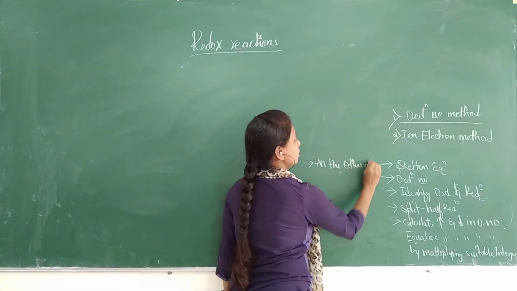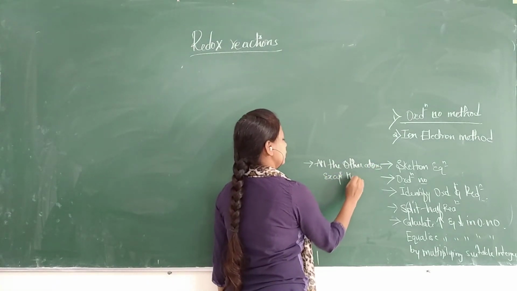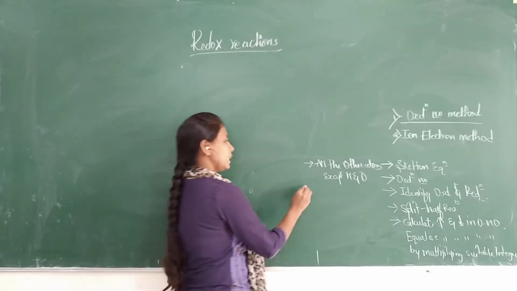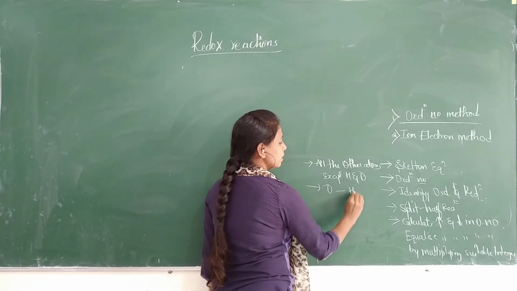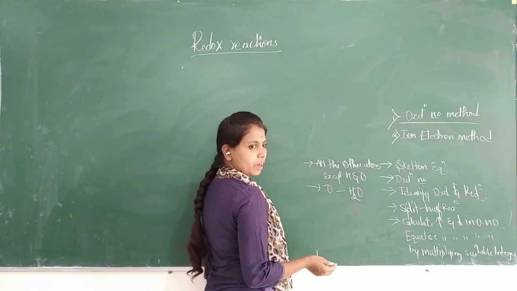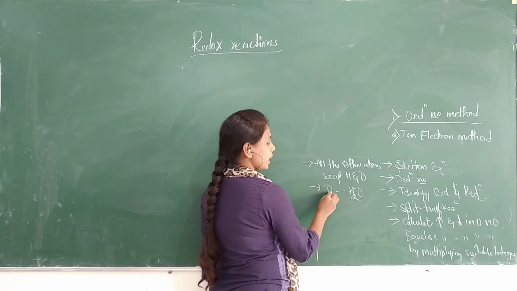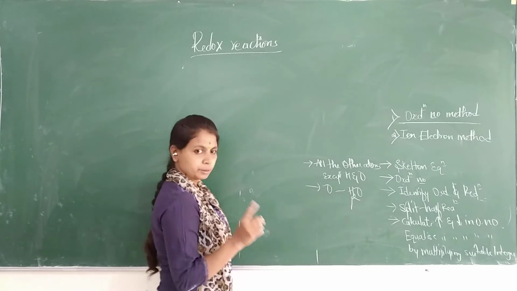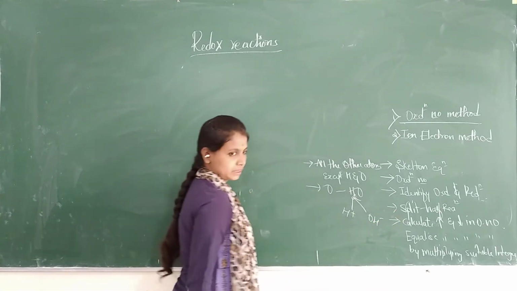except hydrogen and oxygen. Balance all the remaining atoms other than hydrogen and oxygen. Next step, you have to balance the oxygen atoms by adding water molecules, whereas to balance the hydrogen atoms, you add H plus ions in an acidic medium and OH minus ions in a basic medium.